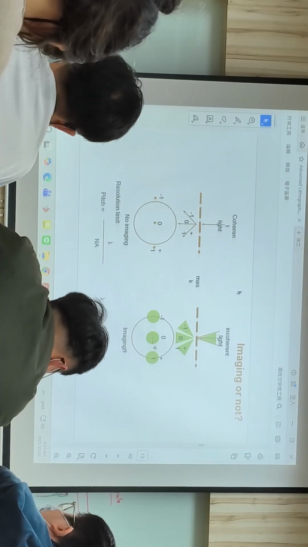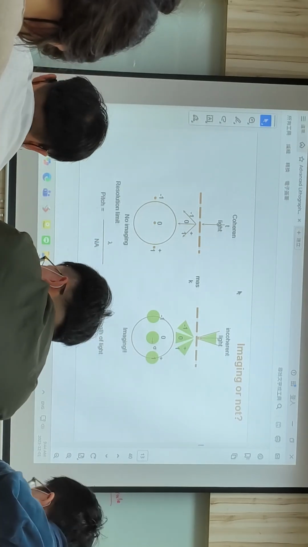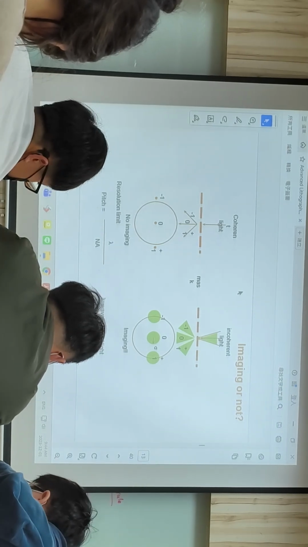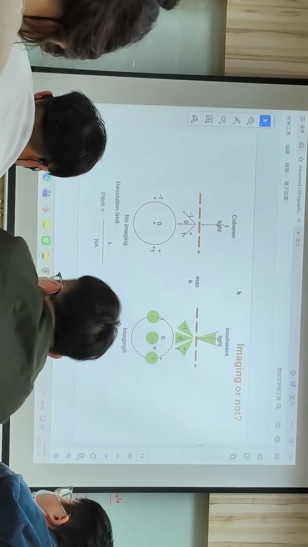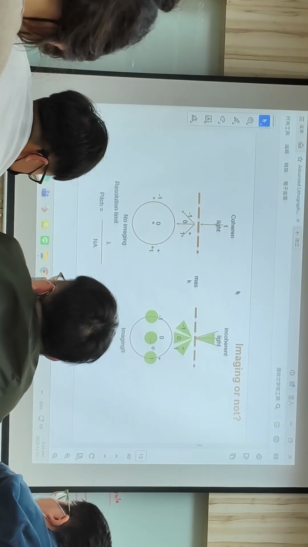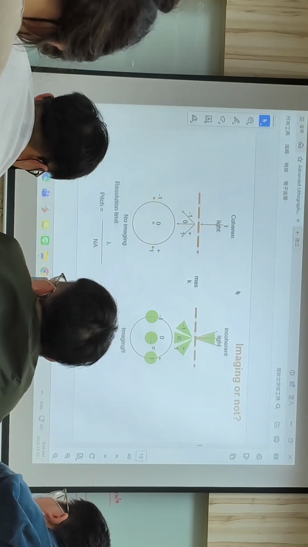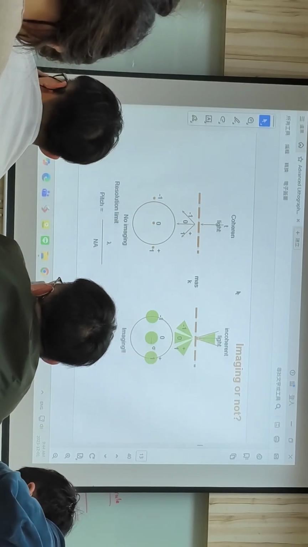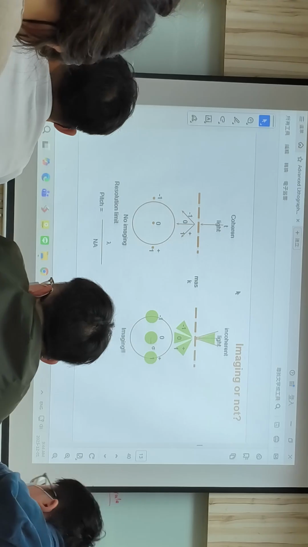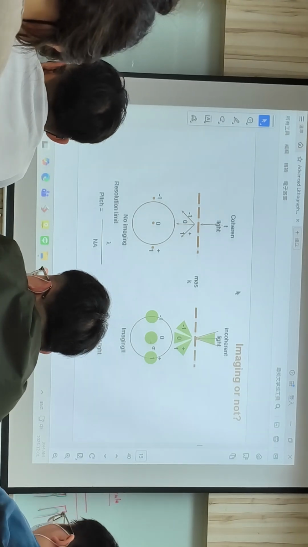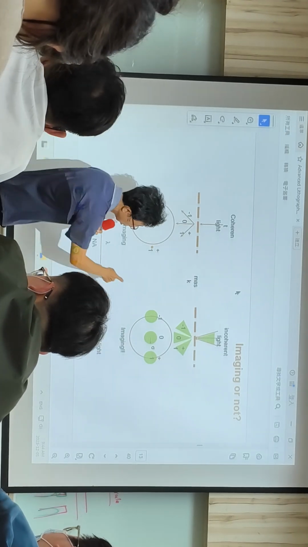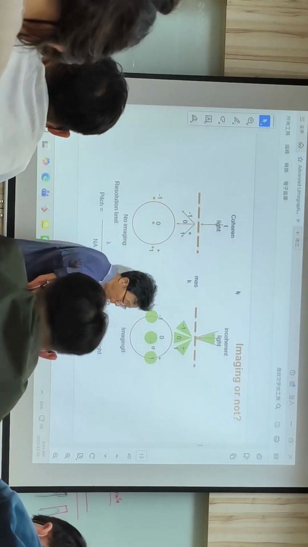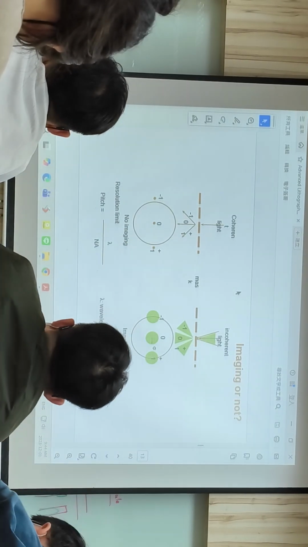Sigma is small r divided by big R. So if you have light very close to the edge, for example here, it is 0.96, then you will have a chance to be within here and then form images.